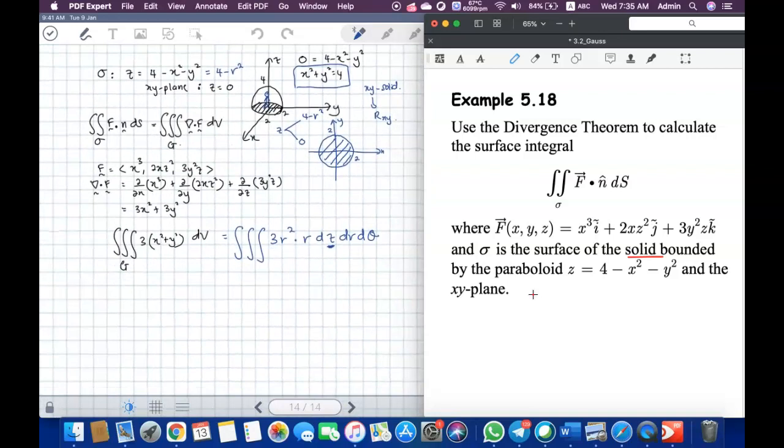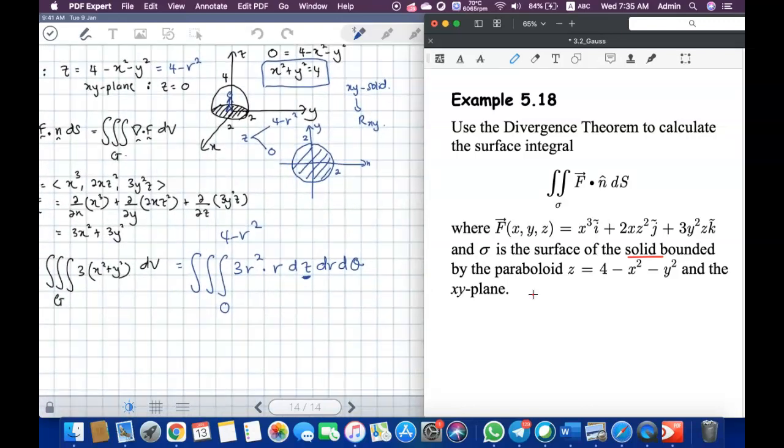So z is from 0 to 4 minus r squared. For the other two, look at the region. Theta is a complete circle, so 0 to 2 pi.